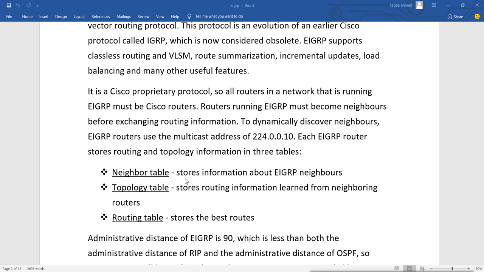So the neighbor table stores information about EIGRP neighbors, the topology table stores routing information learned from the neighboring routers, the routing table stores the best route.